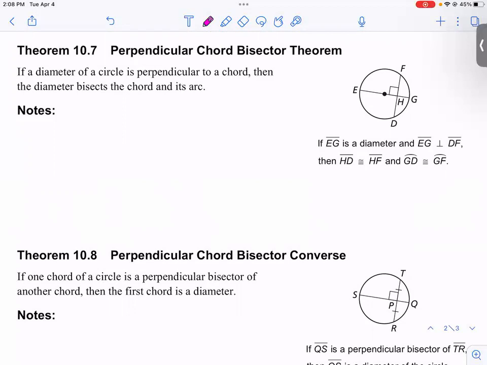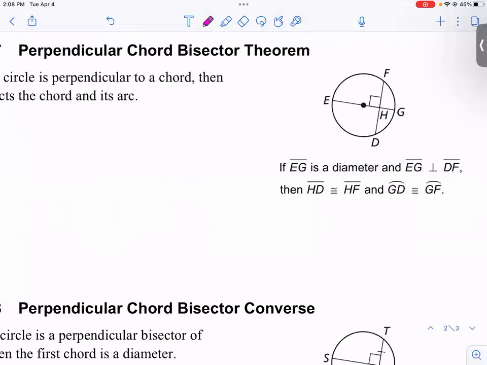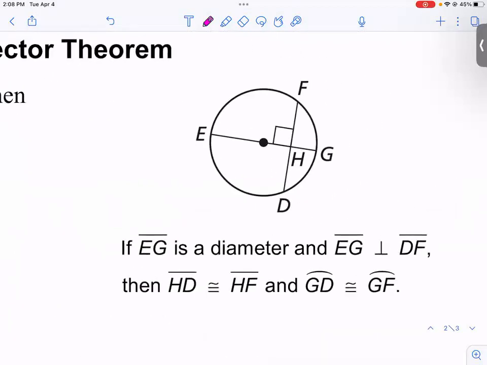So I'm going to zoom in on this, okay? Because we have a diameter perpendicular to the chord, that means that these two pieces are the same. It also means that these two arcs have the same measure. Then, all right now, if we have time.